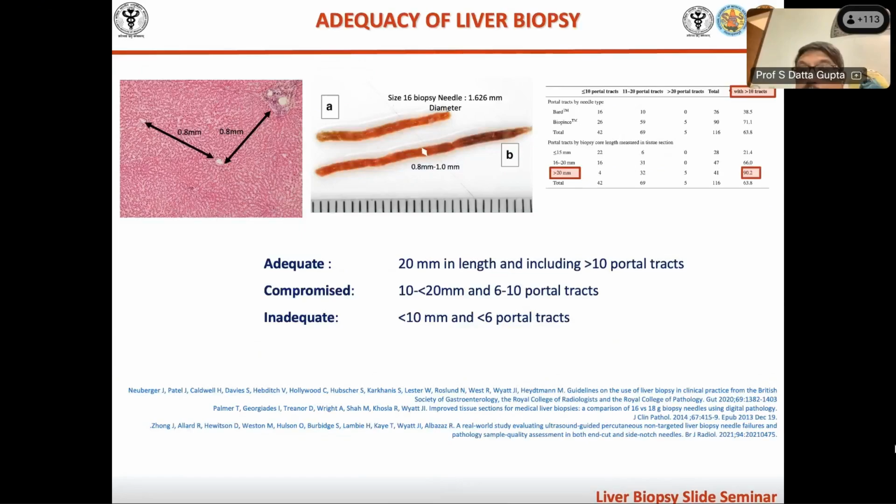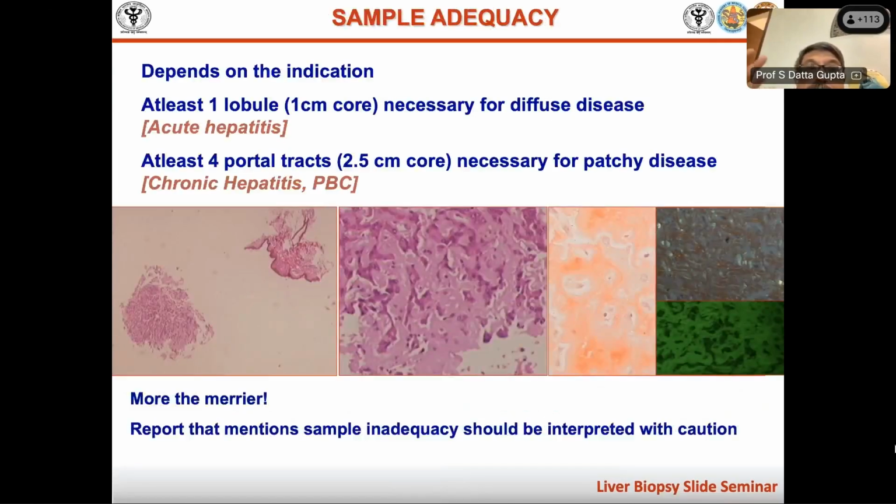This is the limitation. The next thing is, having said all that, can you make a diagnosis in a very small biopsy? Of course. For example, in acute hepatitis, I told you, all lobules are equally affected. One lobule is enough. Sometimes in, say, amyloidosis, this was an amyloidosis, we got a piece of skin and a little bit of liver tissue.